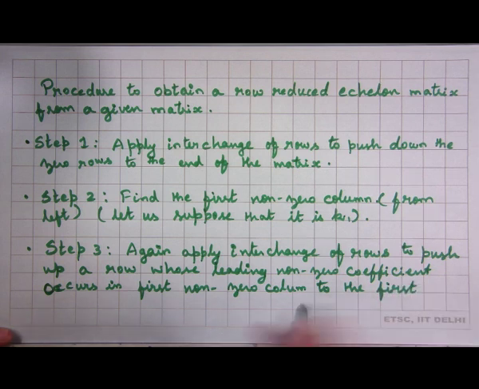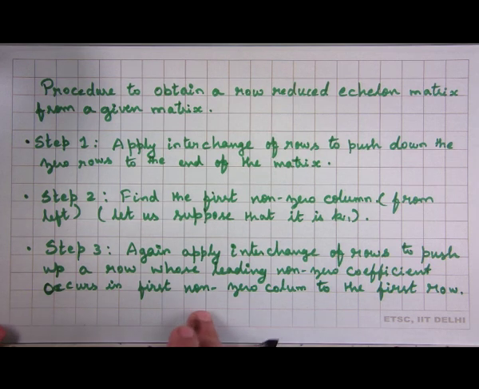I want this to be in the first row. If this coefficient is not 1, then what will I do?